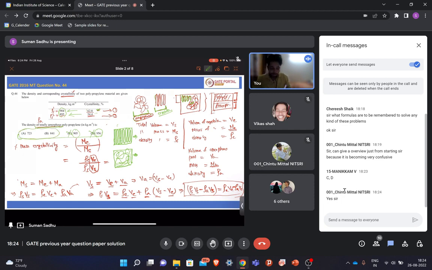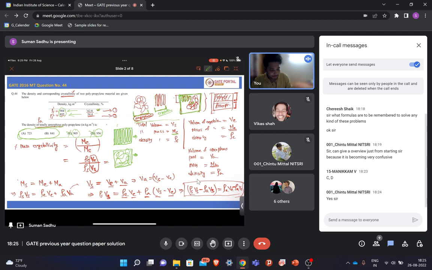Now for this we have to calculate, and as I mentioned, in reality it may happen that some part of the polymer is crystalline, and some part may be amorphous. So we have basically assumed that the total volume is Vs and the total mass is Ms. That means the total mass of this polymer block. Let's say I have taken a polymer block, this one.